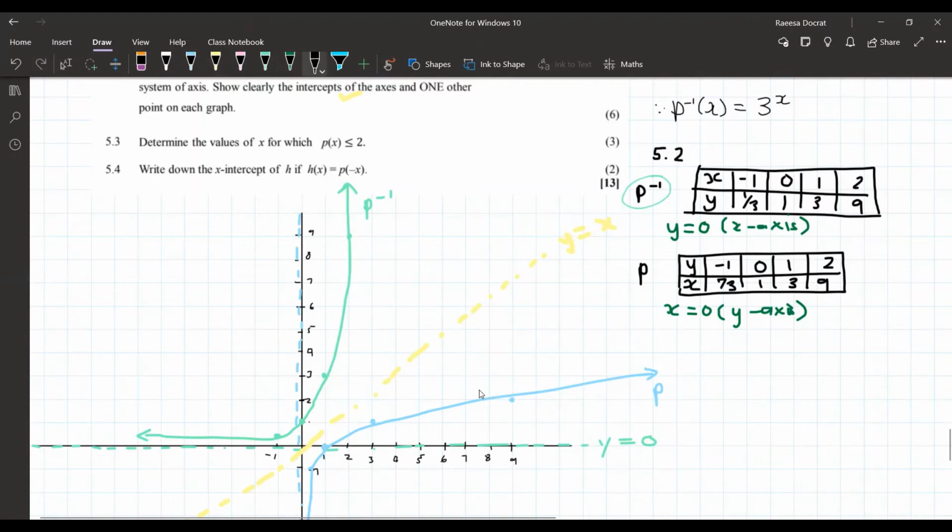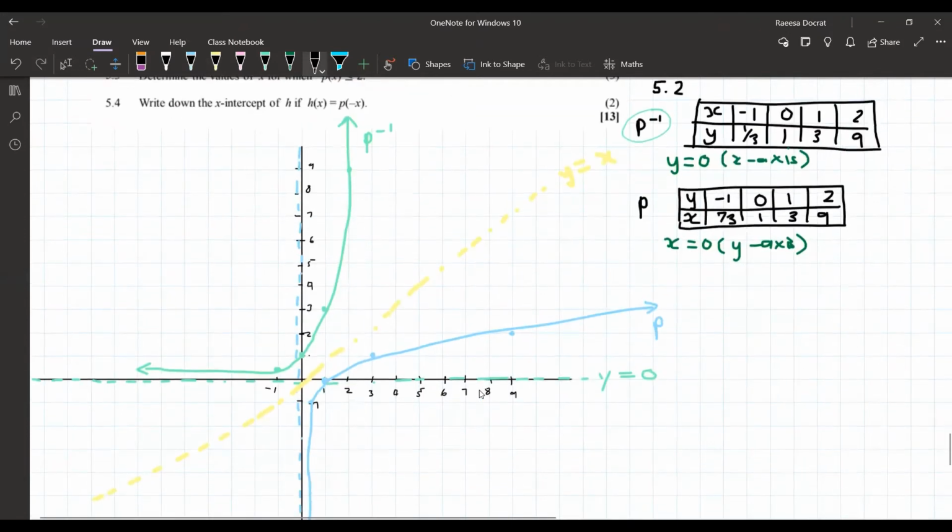So this here is asking, if I had to put this in English, where is P below 2? Where is the y value of P less than 2? So here's P, here's the y value of 2. And for what values of x is it below 2?